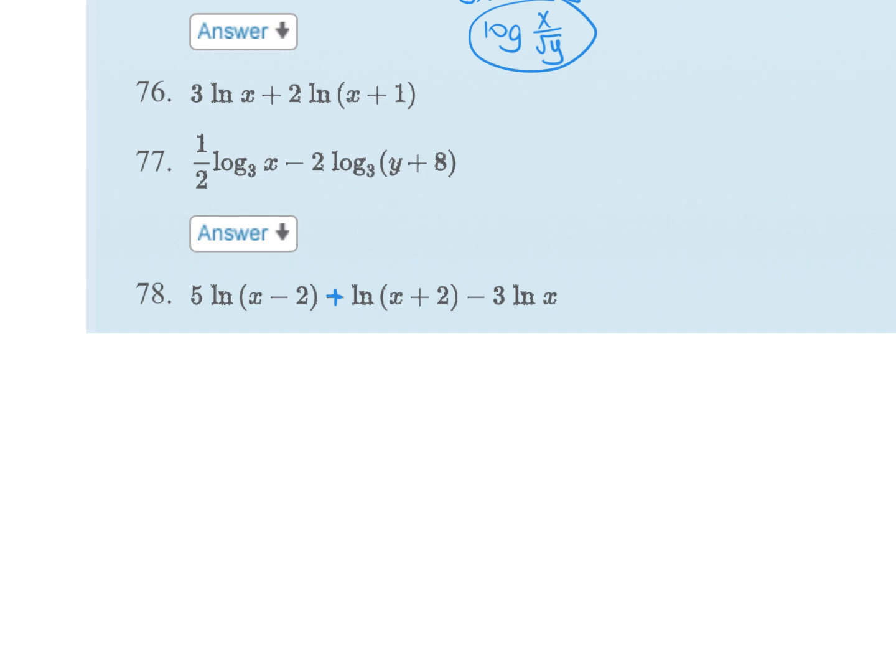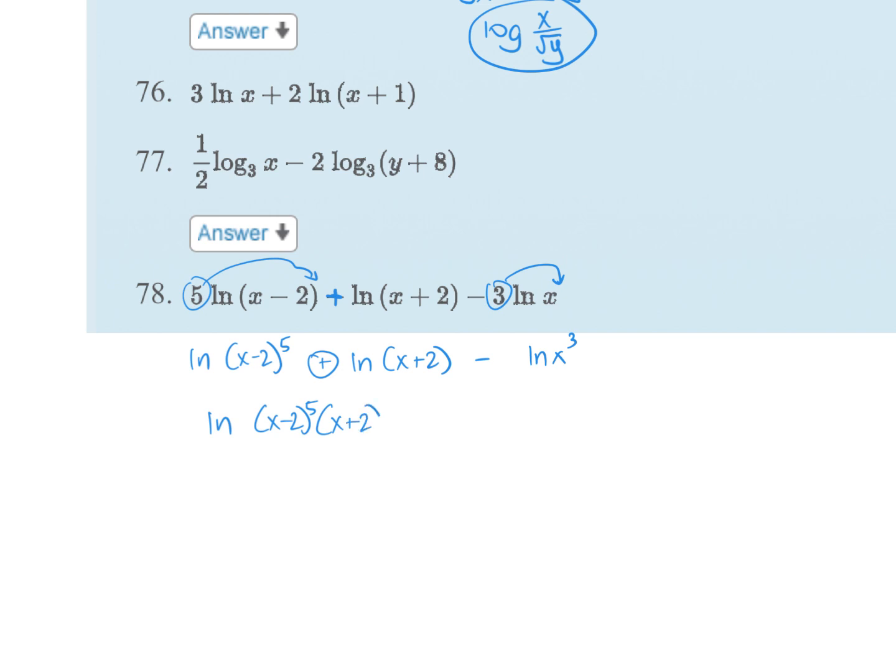So if we change that to an addition, right, first we're going to do ln of x minus 2 to the 5th power, because I'm going to move this over here, right, plus ln of x plus 2, minus ln of x cubed, because again, this is going to go there. So now that this is a plus, I'm going to do ln of x minus 2 to the 5th times x plus 2, like that.